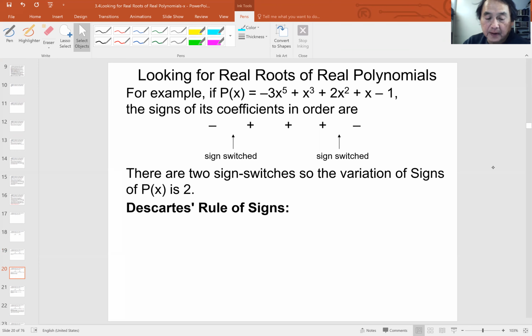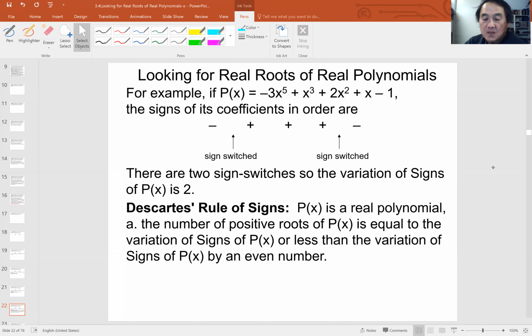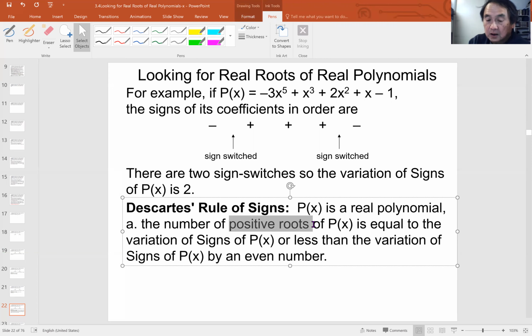Descartes' rule of signs tells you how many real roots could possibly be there. For a real polynomial, the number of positive roots is equal to the variation of signs, which in this case is 2, or less than that by an even number.